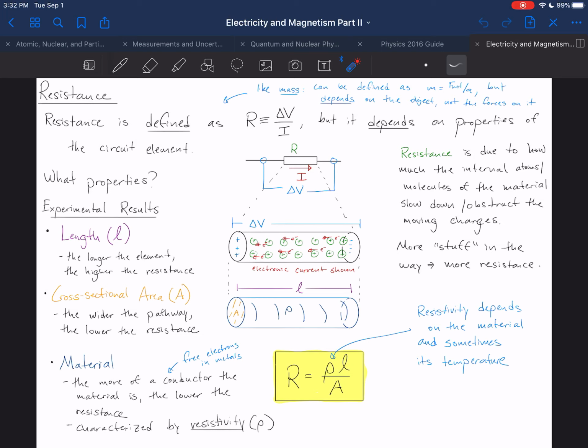Remember that resistance is defined as the ratio between the potential difference and the current, but empirically, as a matter of experimental results, it is connected to all kinds of straightforward properties of the material. So for a single material with resistivity rho, length L, and cross-sectional area A, the resistance of that material is equal to rho times L over A.